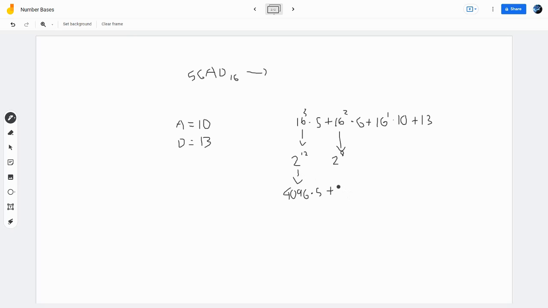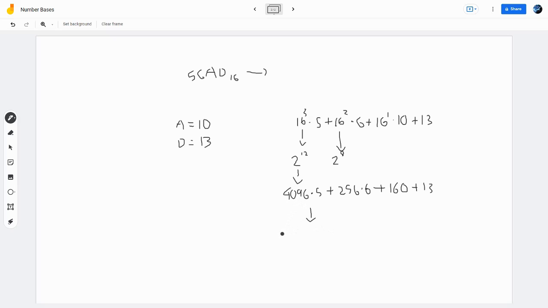this is going to be 256 times 6 plus 16. So if we actually add all of this up, this is going to be, so I guess now it's about time I can show a trick you can use to calculate.